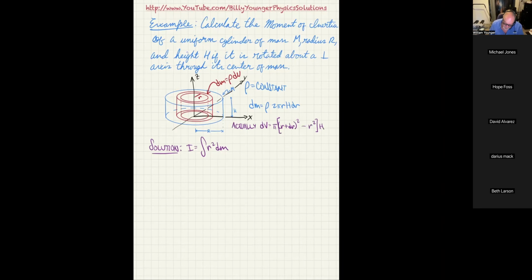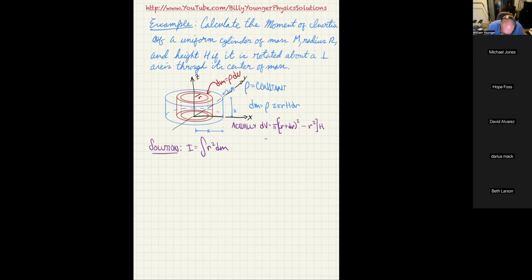That should really be the volume of this, because obviously pi (r plus dr) squared times h is a cylinder whose radius is r plus dr and whose height is h. And then pi r squared times h is the cylinder that's being subtracted out of the middle. That is the actual exact formula.